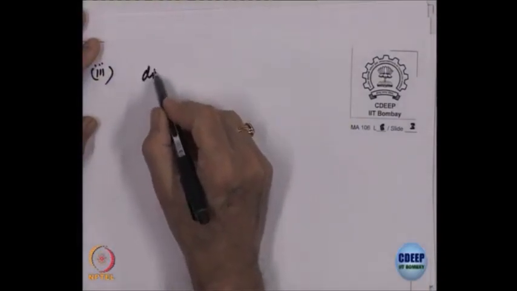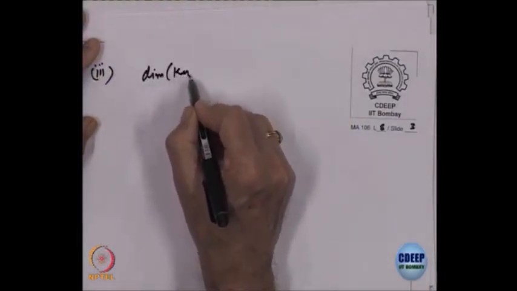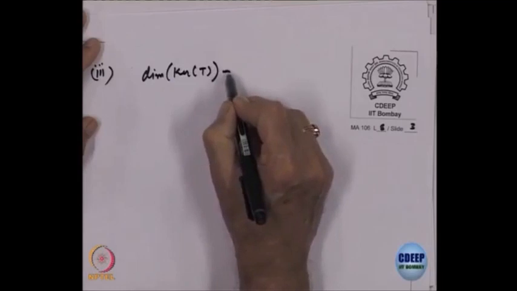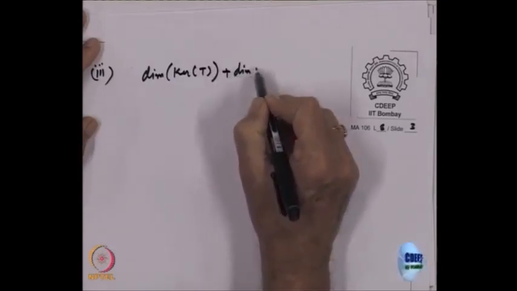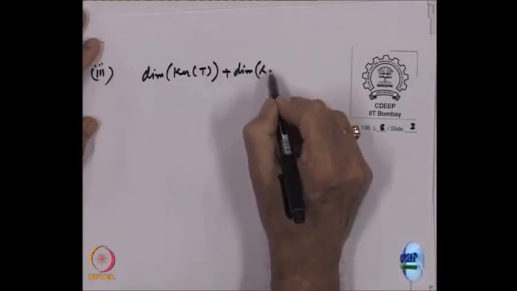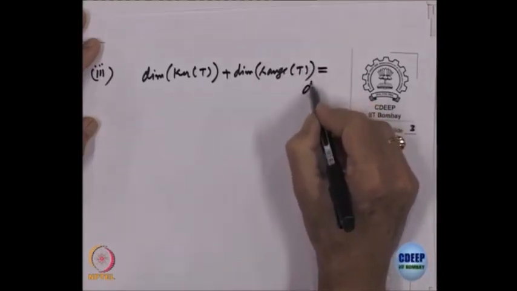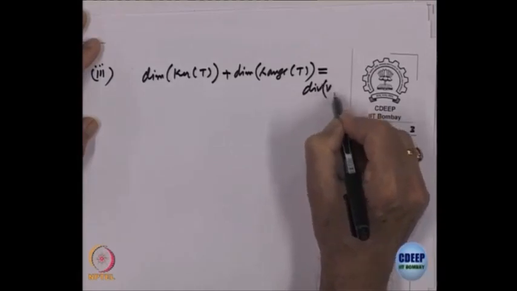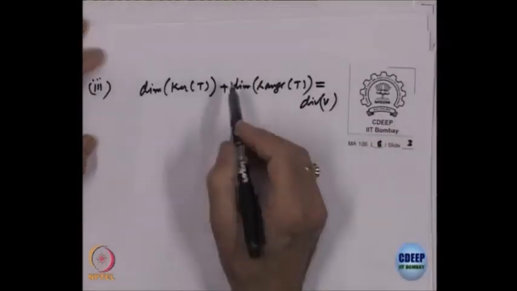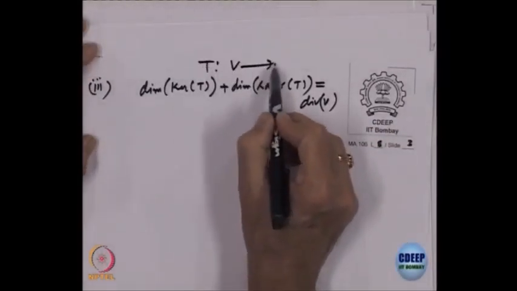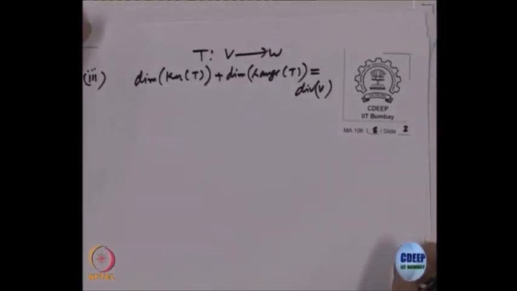Okay. So, let us look at the third property, the third thing we want to show. We want to show that the dimension of kernel of T plus dimension of range of T is equal to dimension of V. So, T is from V to W, keep that in mind, right.